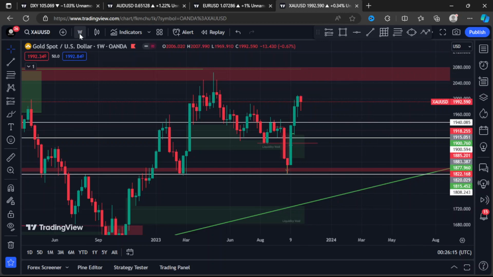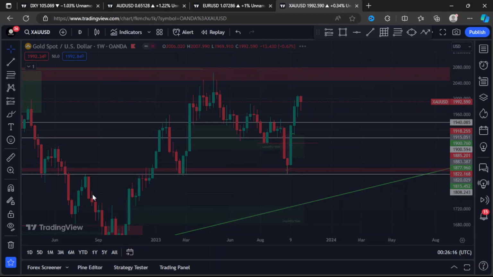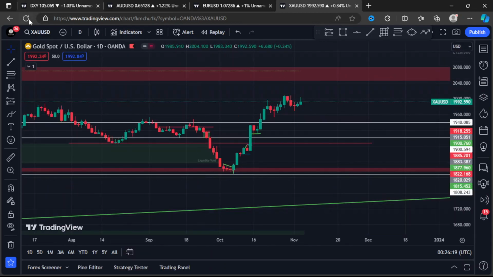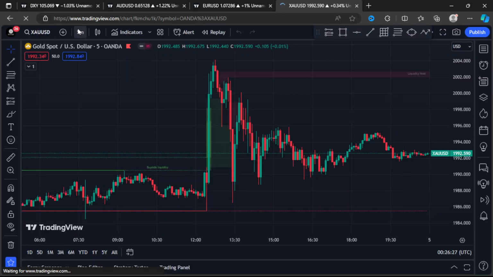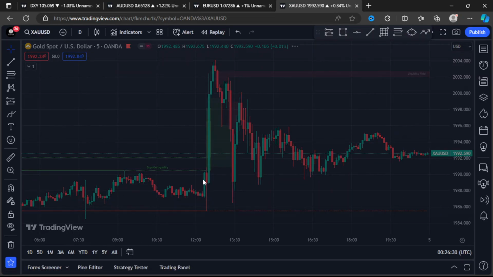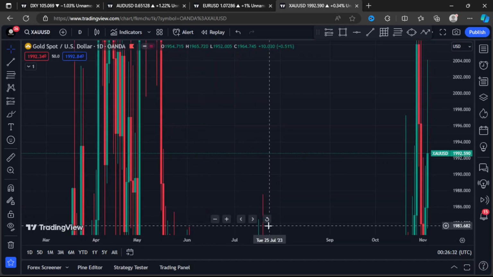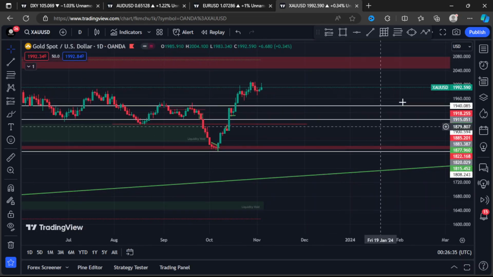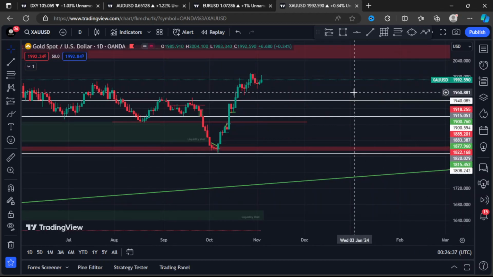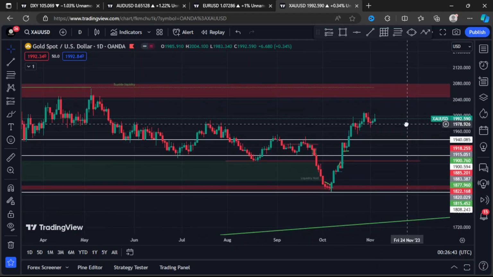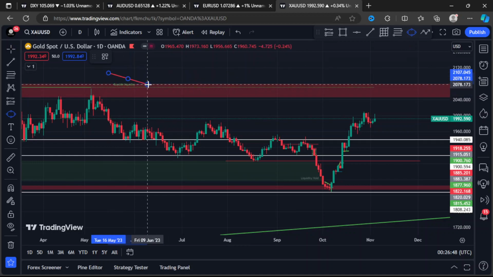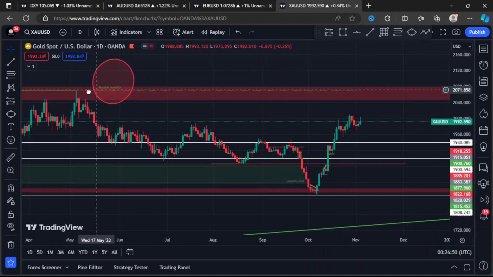But then when we move to the daily time frame, let's see if we can have a trading opportunity for gold on the daily time frame. This is what we have on the daily time frame. This was just a pullback, and I believe we have buy side liquidity here from this zone.